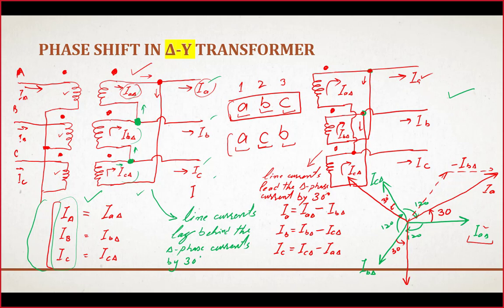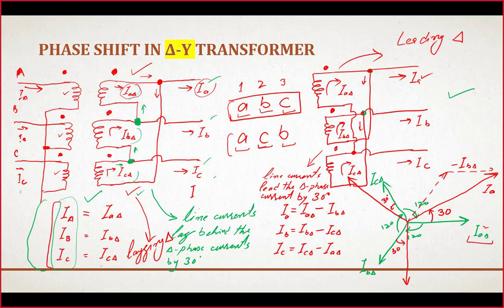Now these types of delta have their own names. This delta where the line currents lag behind the corresponding phase current is known as lagging delta, and this delta where line currents are leading the phase current is known as leading delta.